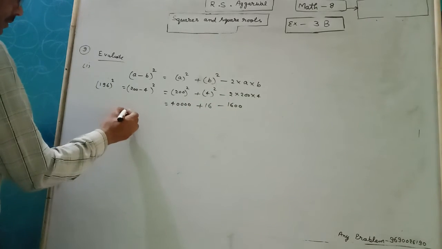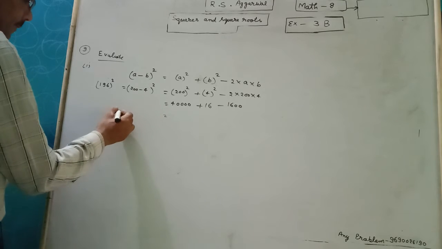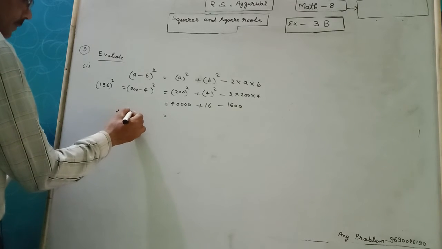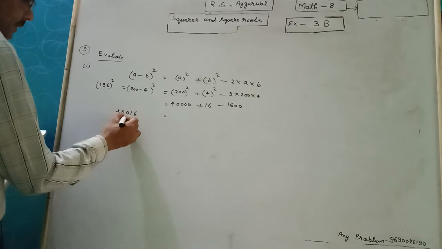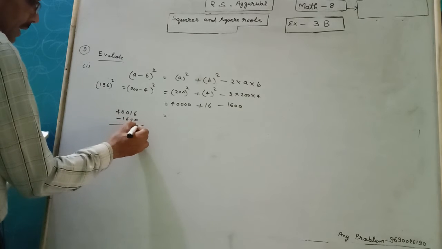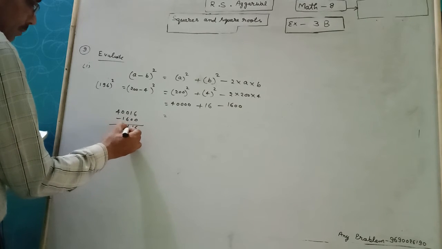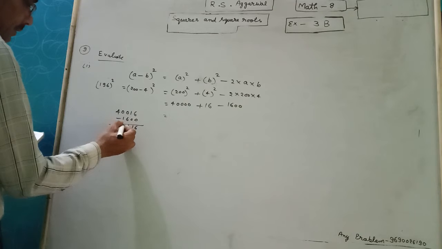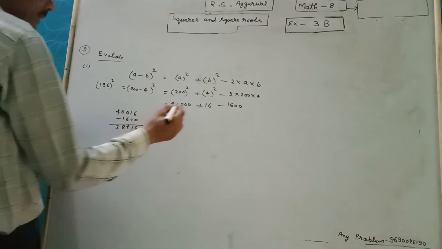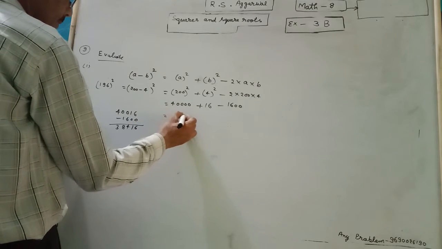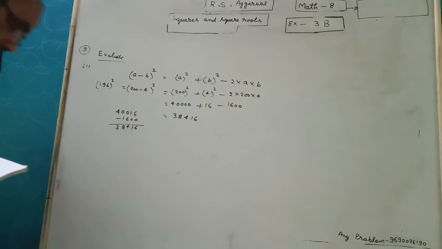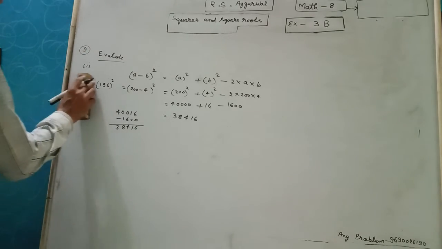After minus, 1600 minus, the answer is 38416, which is the square of 196.